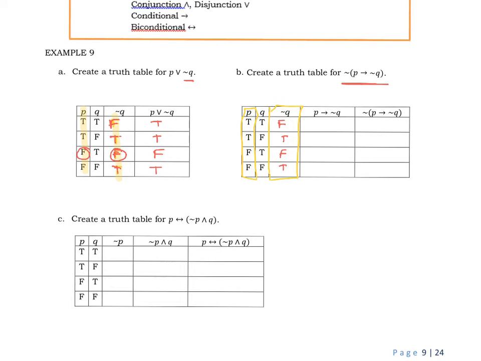So remember on the conditional, the only one that's false is if our first statement is true and then the last statement after that is false. So true, false, that's going to give us a false. True, false, false. So true, true is true. False, false is true. False, true is true.